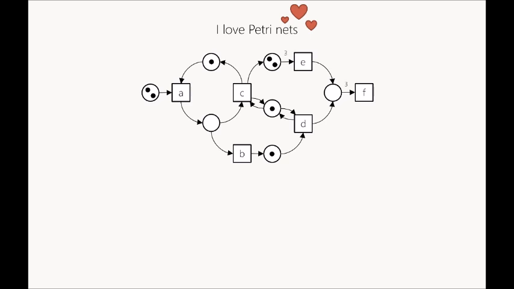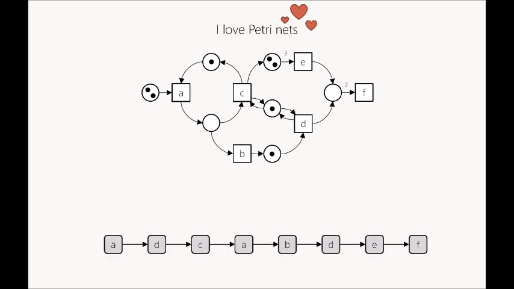And now what do I mean with easy semantics? Well, if I give you a so-called firing sequence, which is just a sequence of events where each event is labeled by a transition name, then you can check very easily if this firing sequence is behavior of the Petri net.